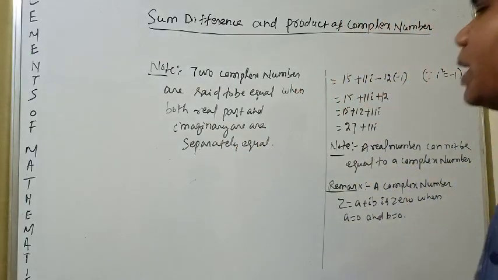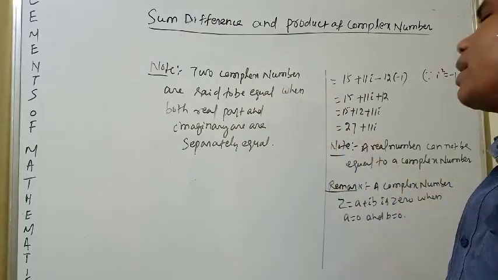Two complex numbers are said to be equal when both real part and imaginary part are separately equal.